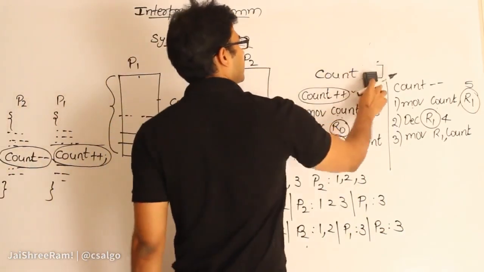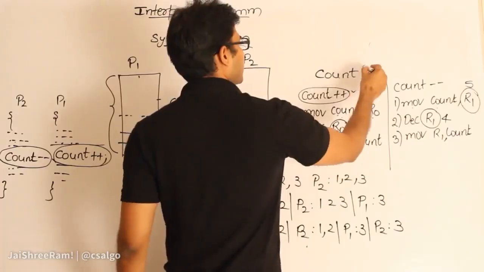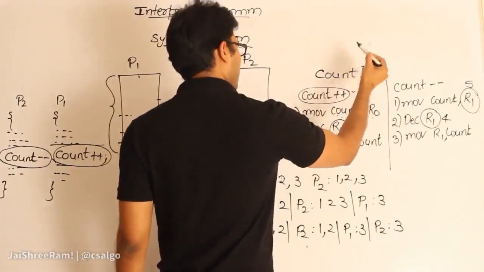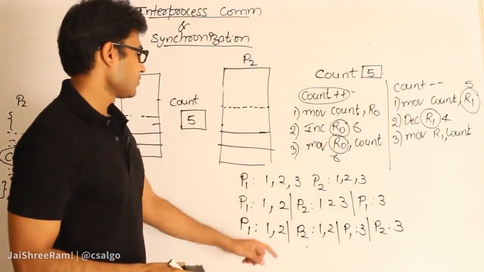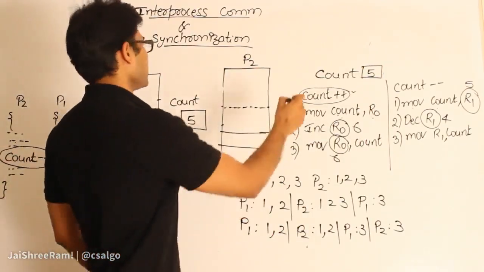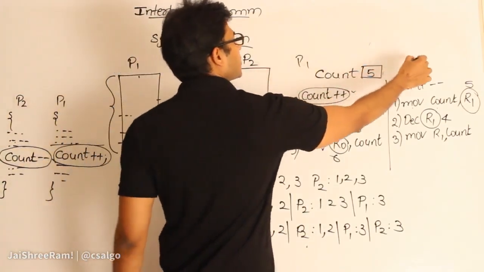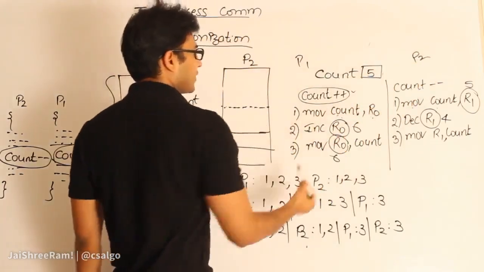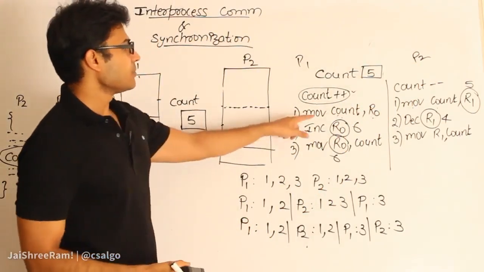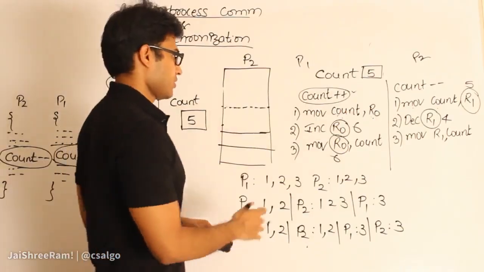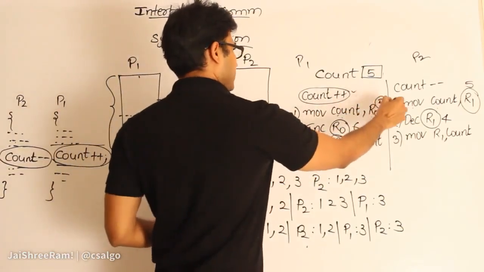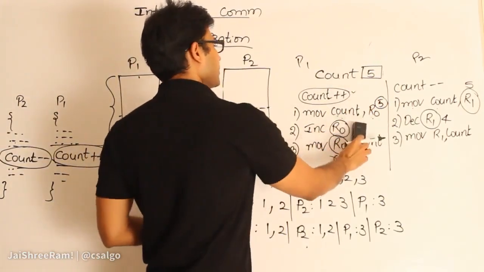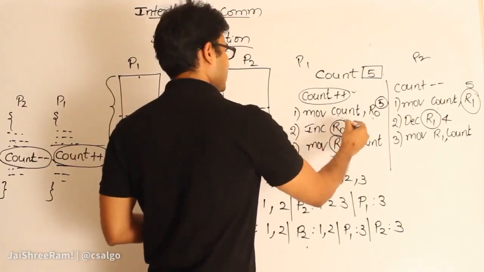Initially the value of count is 5. P1 is executing the first and second lines. So P1 reads 5 into R0, and then P1 increments 5, which means 6 is here.